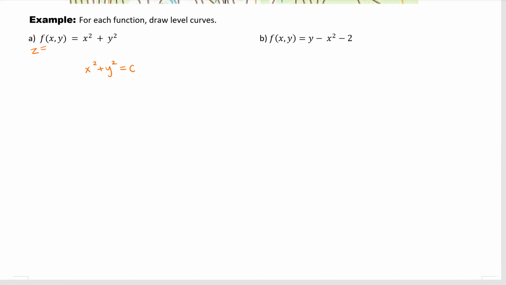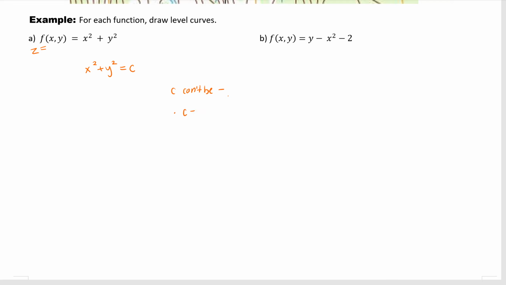Can c be negative? No, c cannot be negative, right? Because x squared is greater than or equal to 0, y squared is greater than or equal to 0, so c cannot be negative.